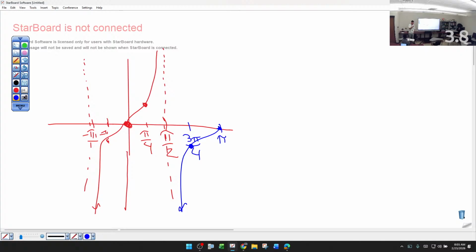The graph that we were just doing is going twice as fast because the asymptote was not at pi over 2, it was at pi over 4. So it's shrinking everything down. At pi over 4 is my asymptote, so at pi over 8 is where I should be at 1.